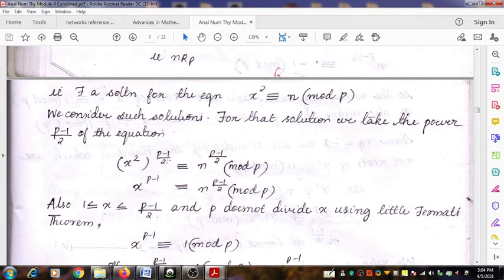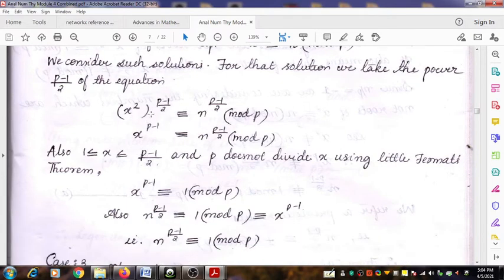Simplifying, we get x raised to p minus 1 is congruent to n raised to (p minus 1)/2 mod p.